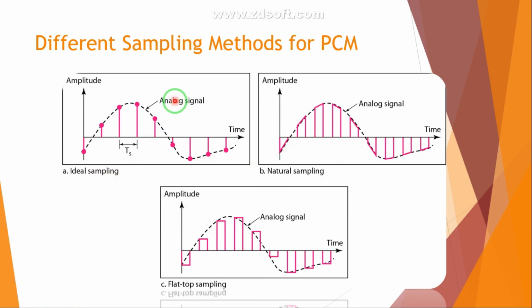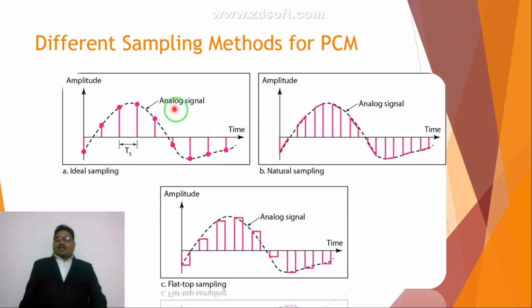In ideal sampling, see, we have taken this dotted line, which indicates the analog signal. At a particular instant, we are going to take a sample of these signals.